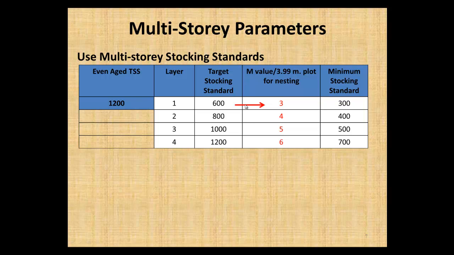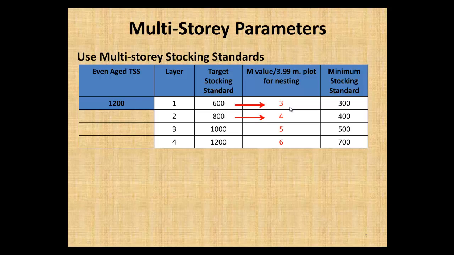As I'll just work through here, layer 1 is our mature layer, upper layer. The target is 600, our minimum is 300. And so our M value, if we're using a 3.99 meter plot, divided by 200 is 3. And so subsequently it moves down as you move down through the layers.